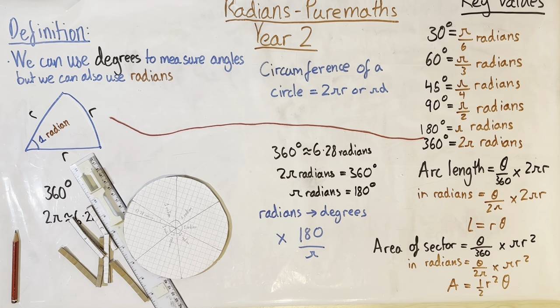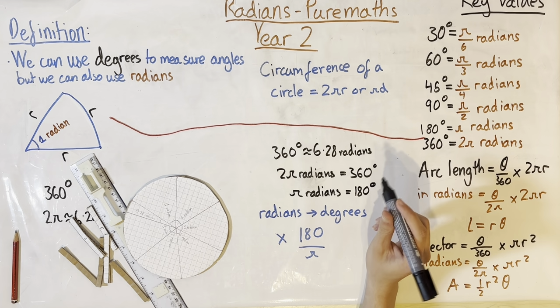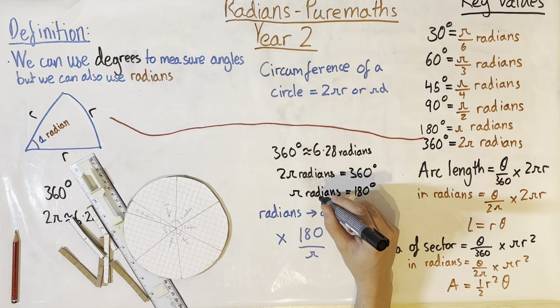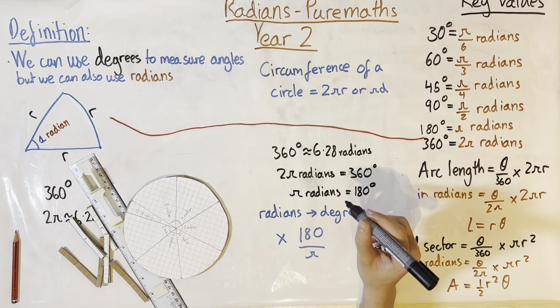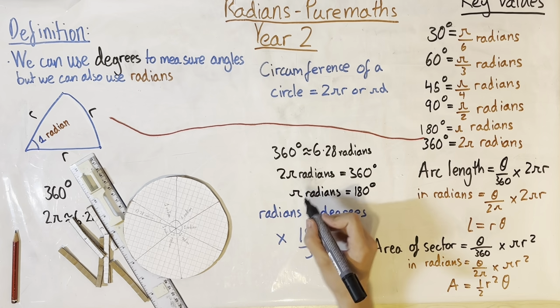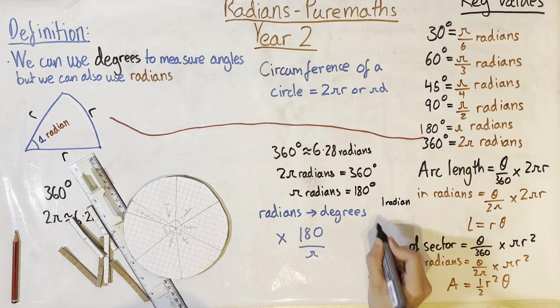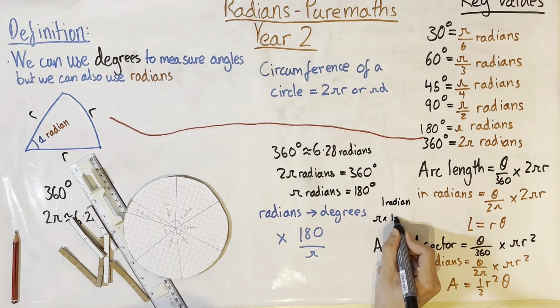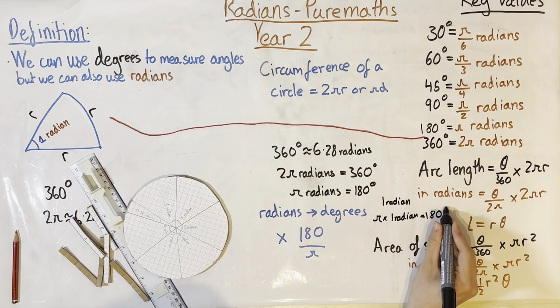Let's say we had 1 radian. Pi times 1 radian equals 180 degrees.